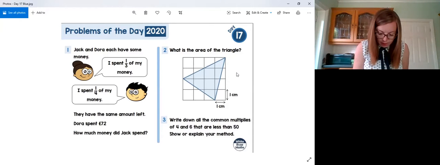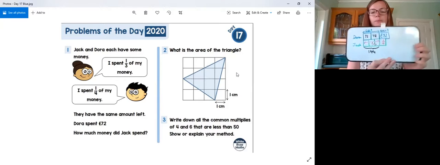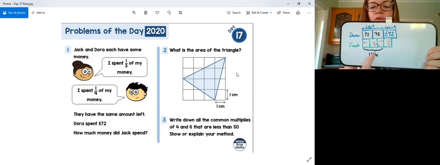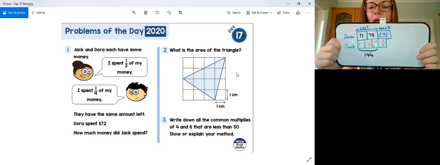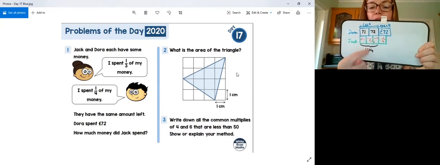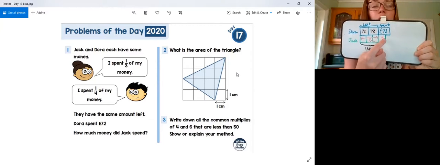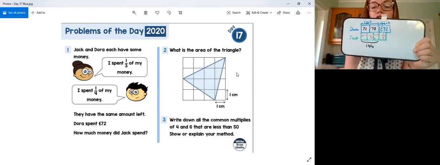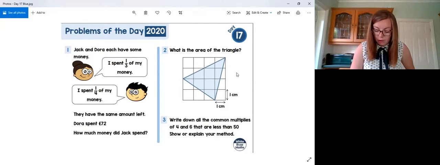He has 3/4 left. What could we do with our 144 to turn it from the 3/4 into 1/4? We need to share it equally between the 3 groups because each of these is the same as or equal to this one. So we are going to do our 144 divided by 3 or shared into 3 groups.